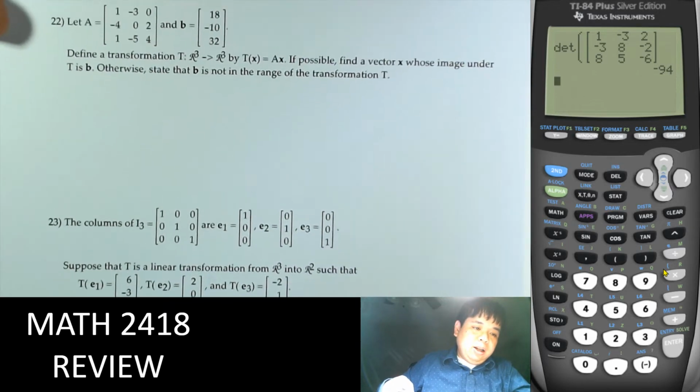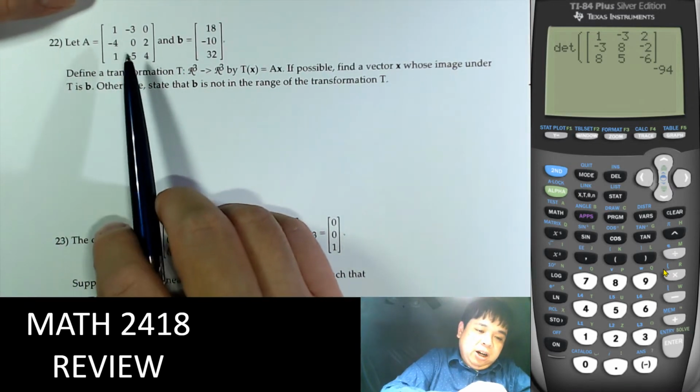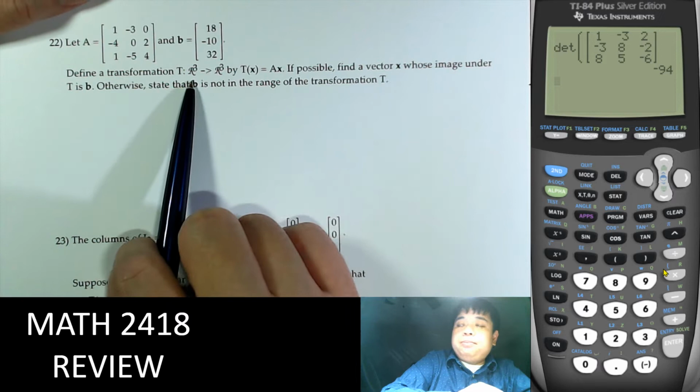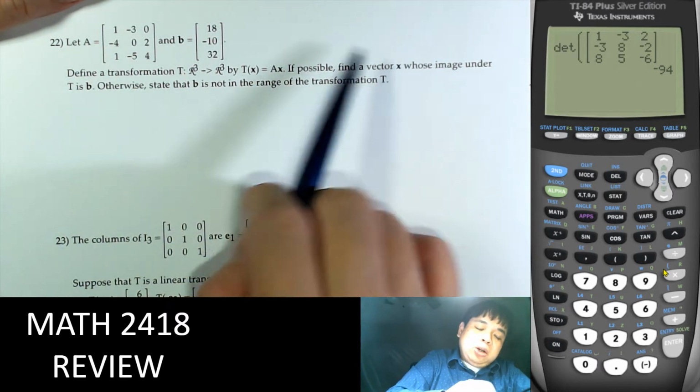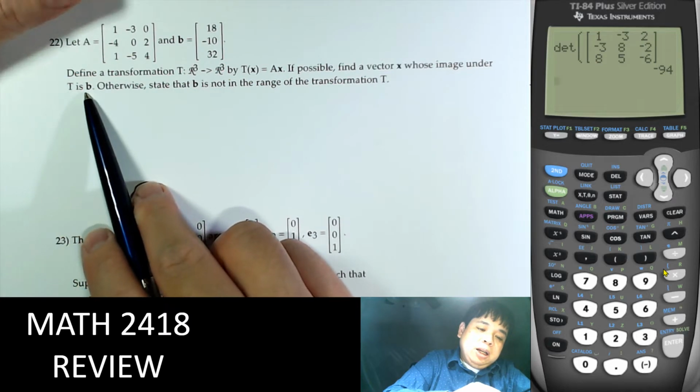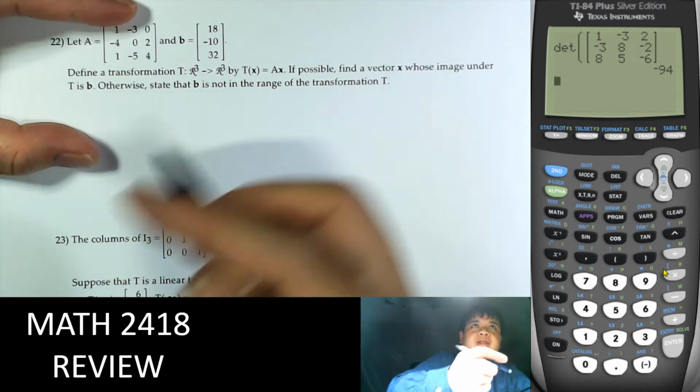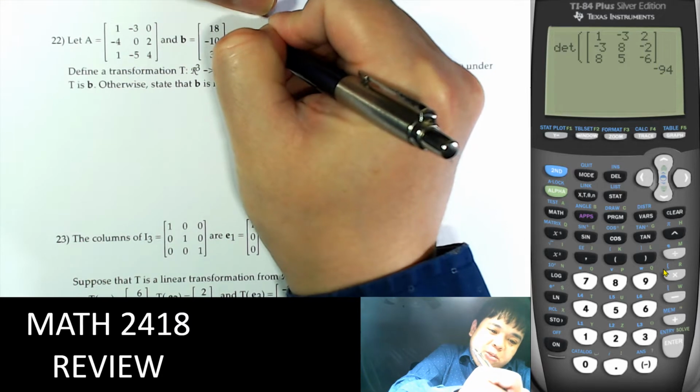Right, next. We have a transformation from R3 to R3. Now, if possible, find a vector X whose image under T is B. So this time we have an inverse problem.